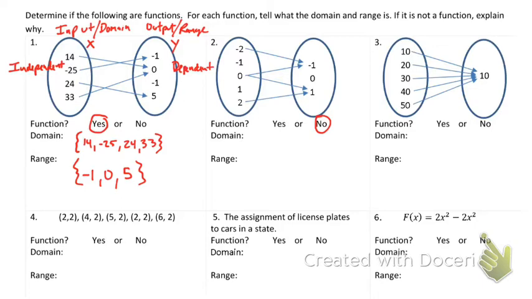All right, let's jump over to number 4, because this one looks just slightly different. Instead of having it in a mapping type scenario, we have it in input-output point form. Your first number is your input.